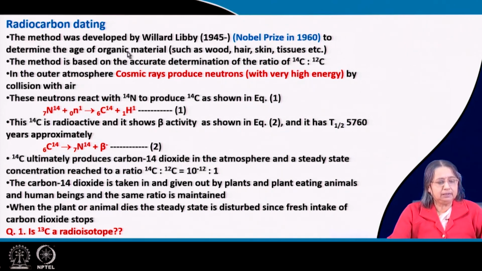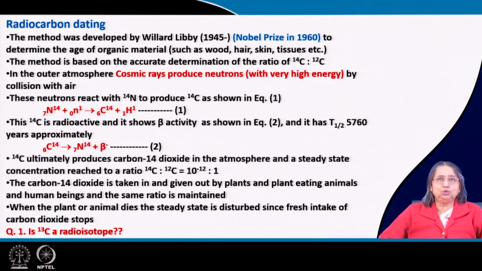This is used to know the age of organic material. In the previous one it is the age of ore, but here it is organic material. What is the organic material? For example, it can be wood, hair, skin, or some tissues. So, you can know how old they are.